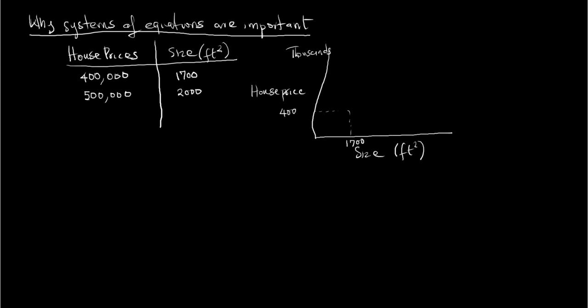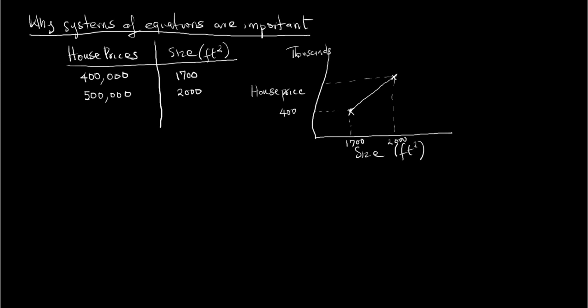So if you do that, we have the first point, and for the second point we have the value of about, let's say this is our 2,000, and the house price in this case was roughly around 500,000. So we can have those 2 points there, and we can connect these 2 points.